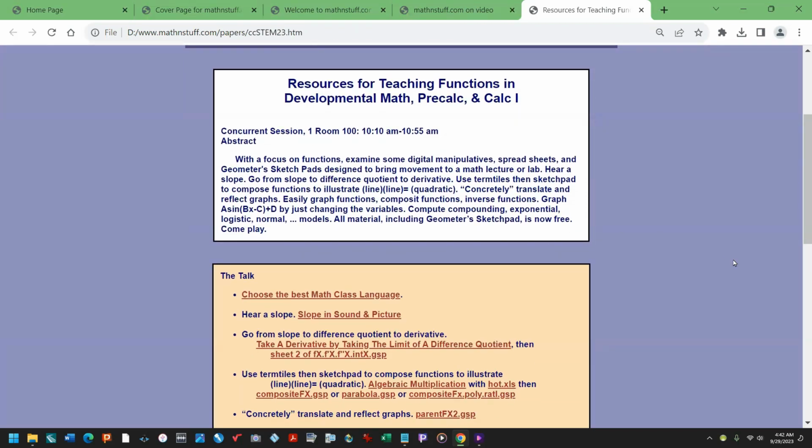Here again is the abstract. We're focusing on digital manipulative spreadsheets, geometry sketchpads, on topics like the composition of functions, translations and reflections of functions, composition, inverse, trig functions of the form a function of bx minus c plus d, and so on.